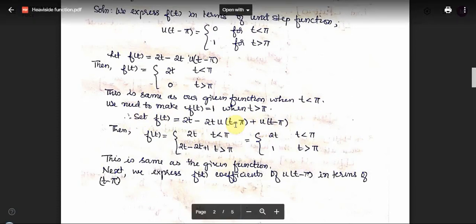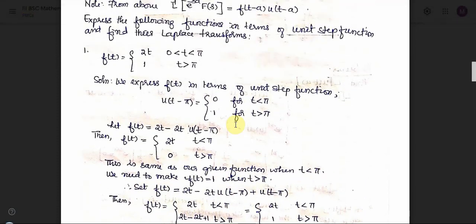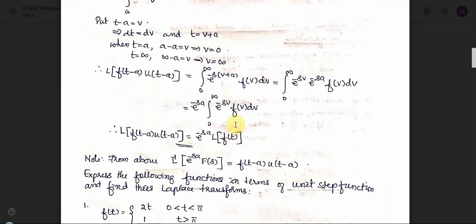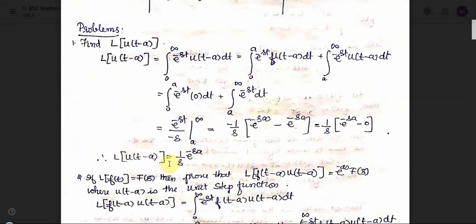To find the Laplace transform, we should use one of the formulas we have derived earlier. Which are the formulas we have derived earlier? We will go back to the formulas. One formula is the Laplace transform of the unit step function only, u of t minus a. The second formula is of this form, with u of t minus a, there is an f of t minus a.